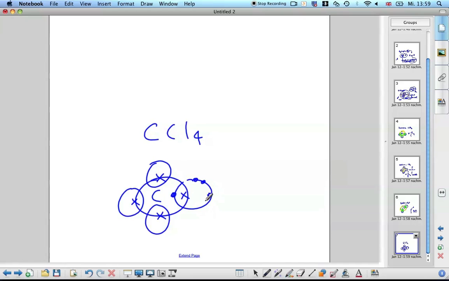So, 7 electrons round about for every chlorine. Now, you have to show this for all of them. Don't be lazy, folks. Put them all in.